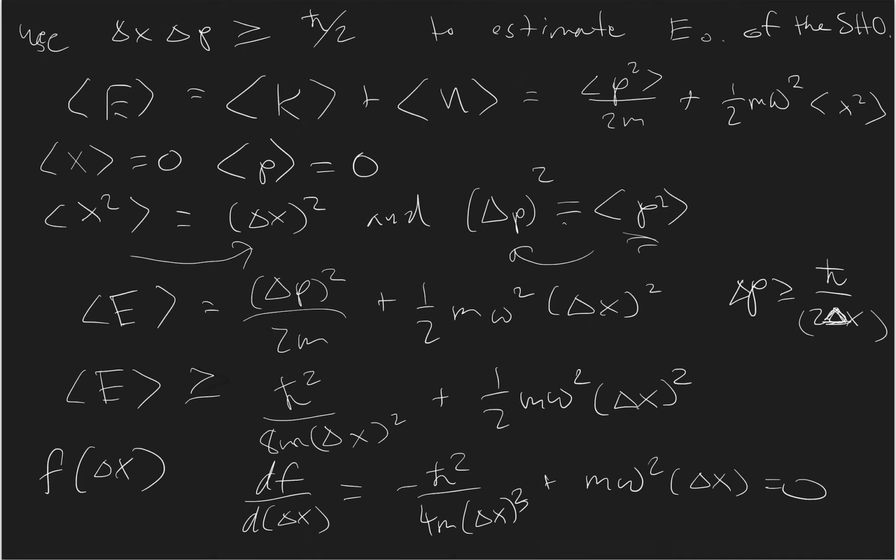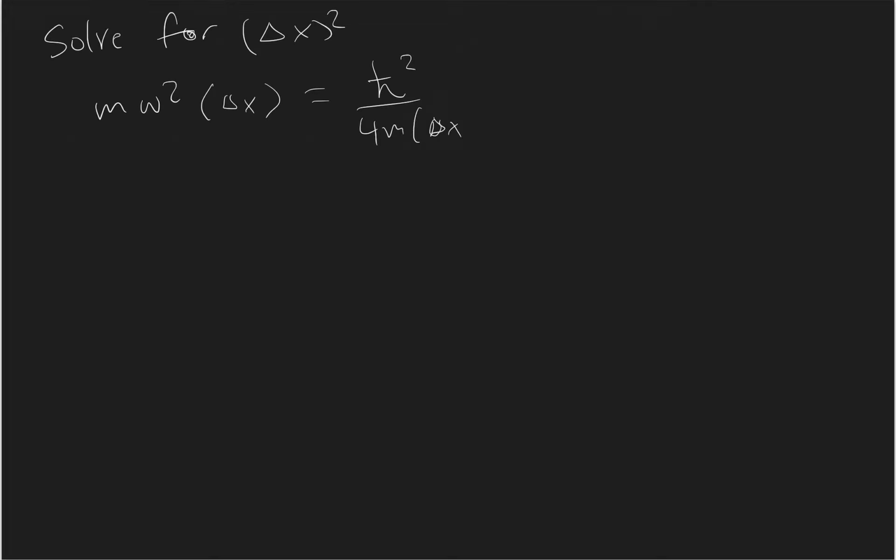If we set this equal to 0, and solve for the variance, which is the square of the uncertainty, this would give us m omega squared delta x squared equal to h bar squared over 4m. Rewriting what we got on the last page, this would imply that the uncertainty to the fourth would be equal to h bar squared over 4m squared omega squared.